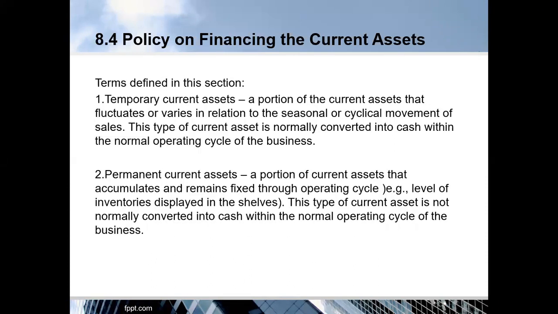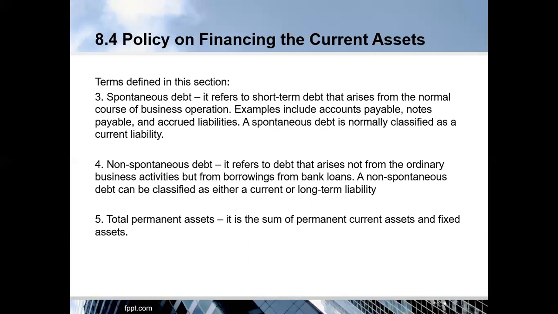Okay. So again, another policy on financing the current assets. A term defined in this section is spontaneous debt. It refers to the short-term debt that arises from the normal course of business operation. Examples include accounts payable, notes payable, and accrued liabilities. So spontaneous debt is normally classified as a current liability.